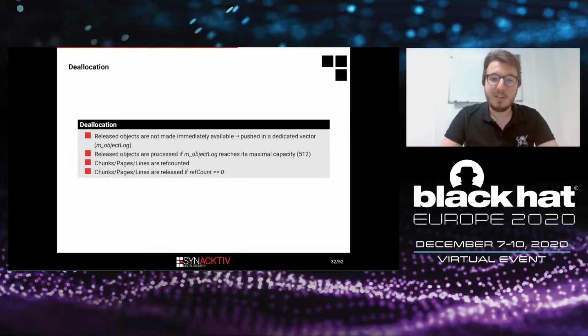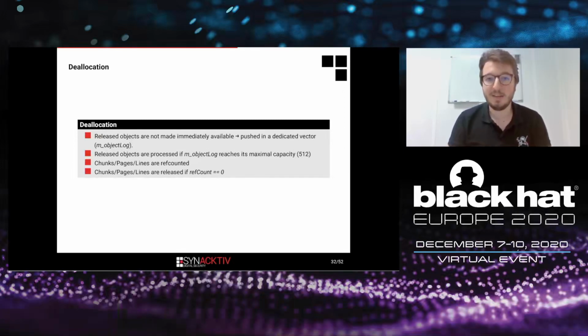When an object is released, it is pushed in a dedicated vector that is named m_object_log. This vector is not made immediately available because it is processed only when it reaches its maximal capacity. Chunks, pages, and lines are ref counted.